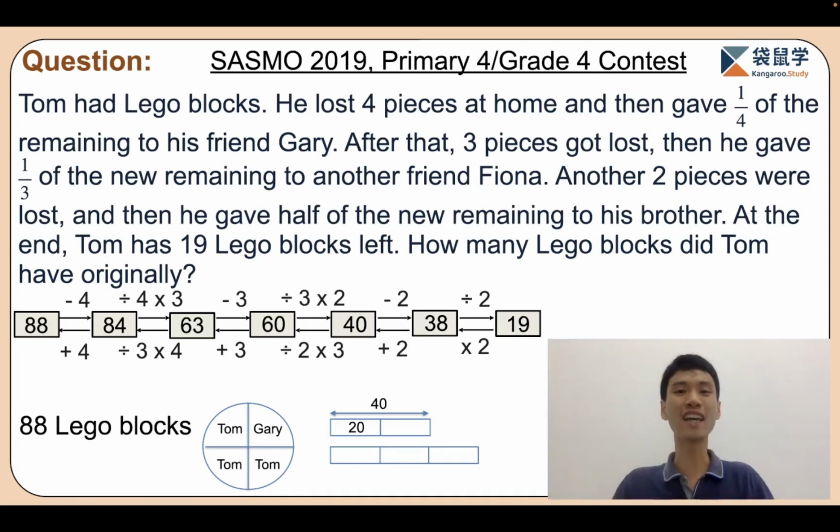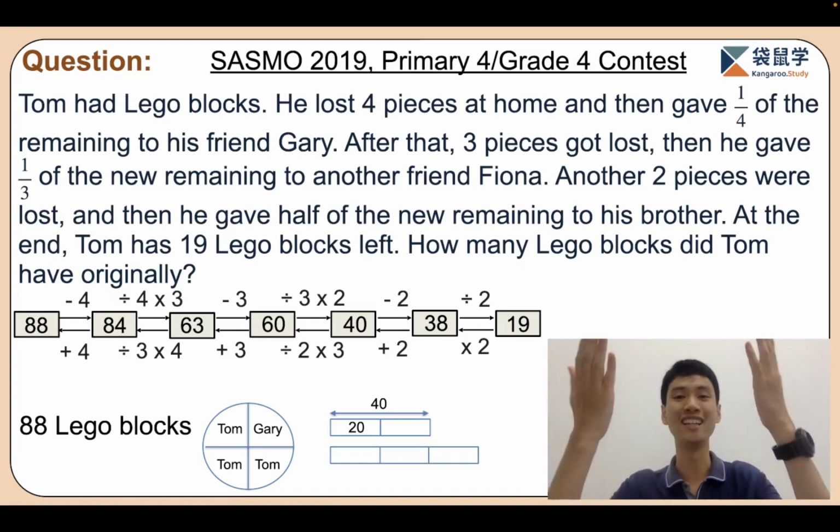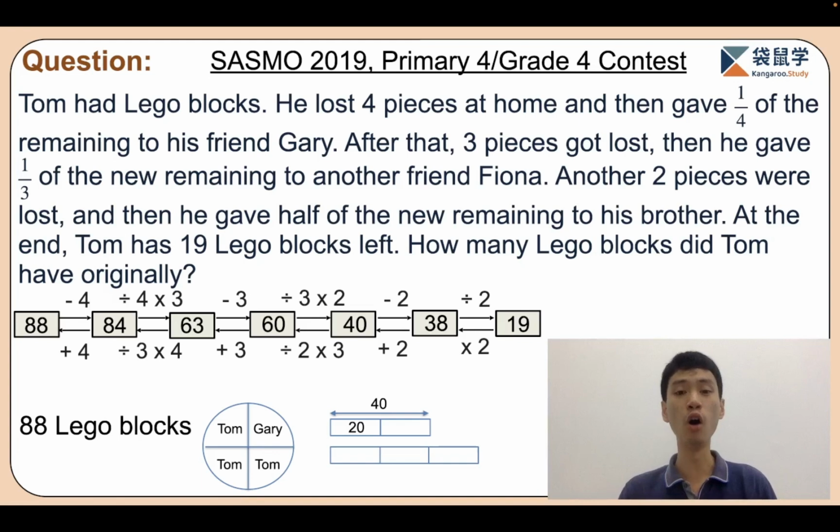Now, let's see if we can summarize this question. In this question, we have many processes, like losing 4 pieces and giving 1/4 of the remaining to his friend Gary. And we have the final result, 19 Lego blocks. So, we can call this a no process and result question also.